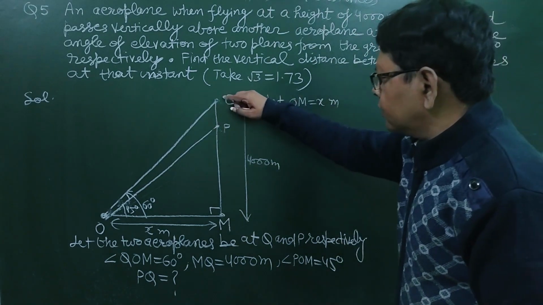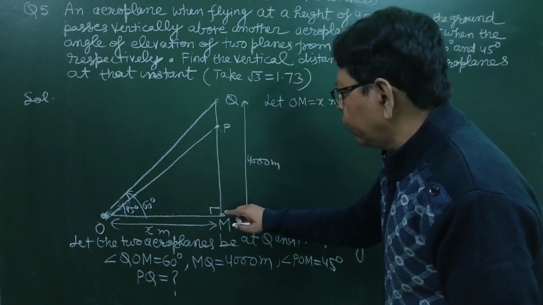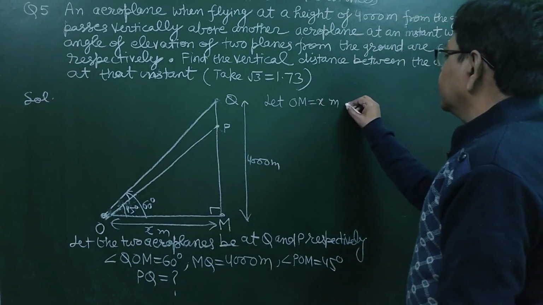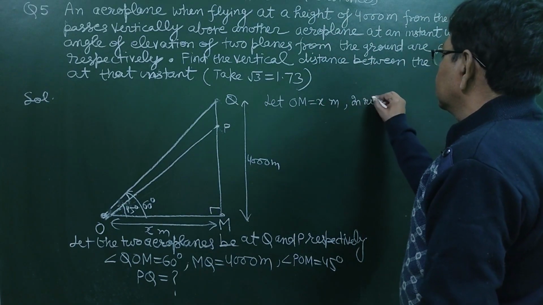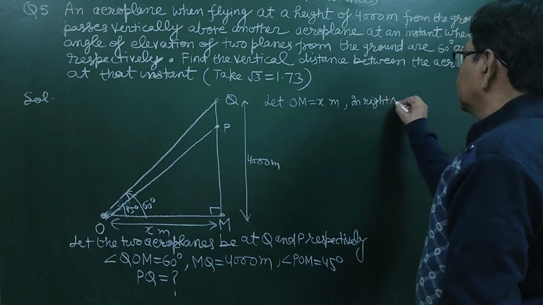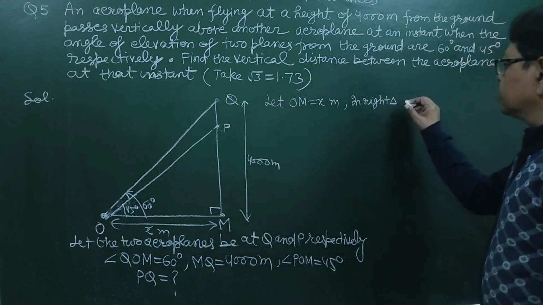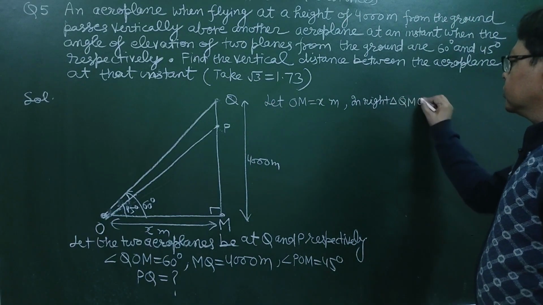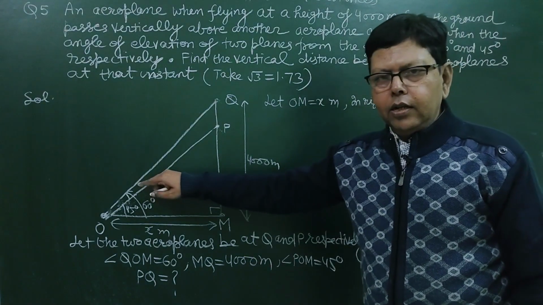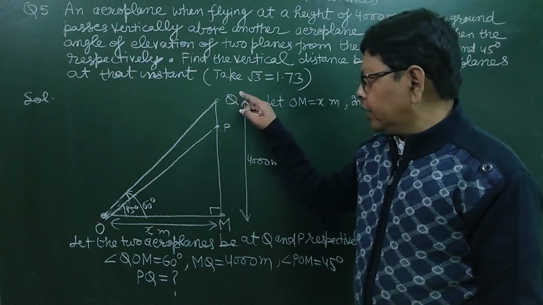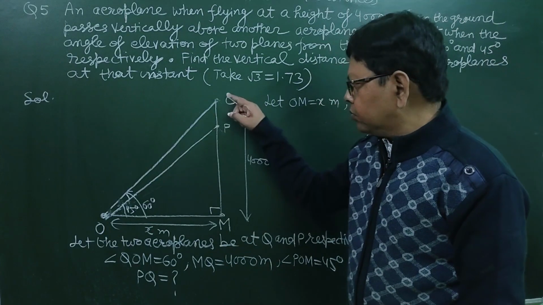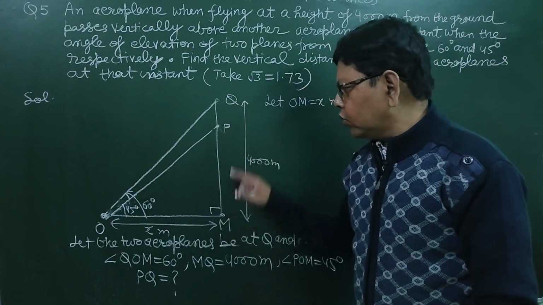Now let us consider the first right triangle QMO. In this triangle we can take tan theta, because perpendicular and base both are involved here.